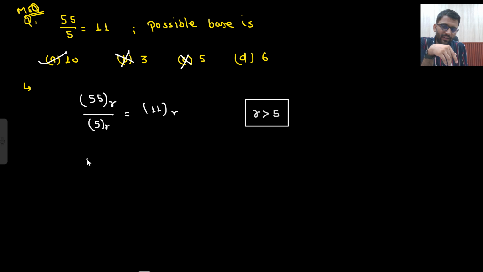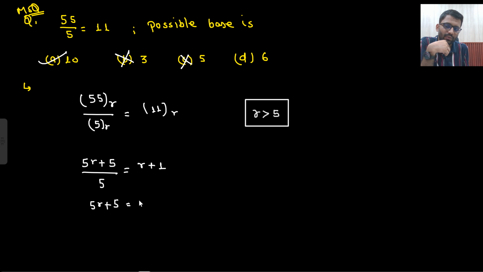So what I will write here: 5r plus 5 divided by 5 is equal to 11. What would that be? R plus 1, 1 into r to the power 1 plus 1. So 5r plus 5 is equal to 5r plus 5. So always true.